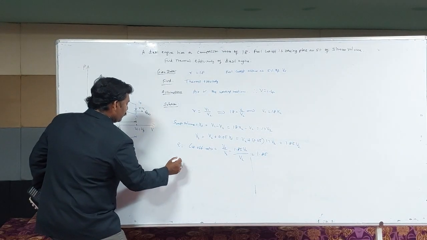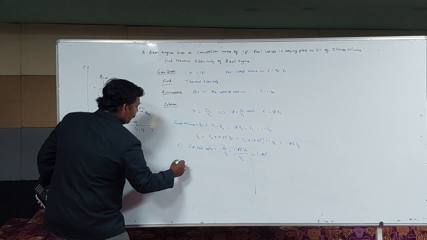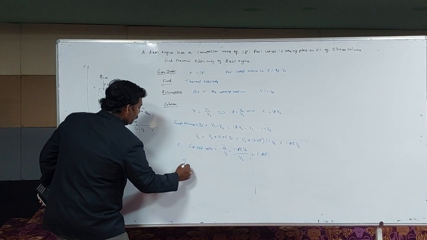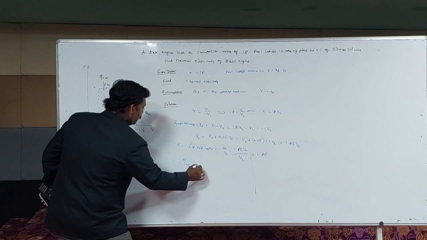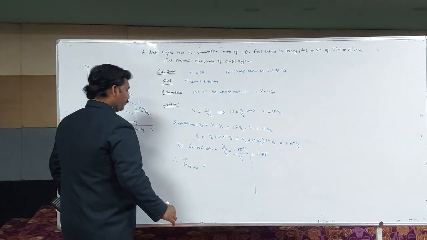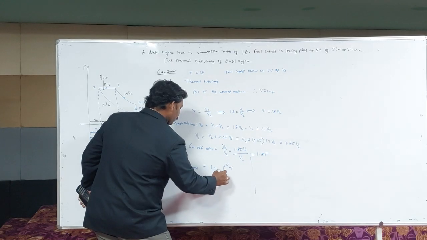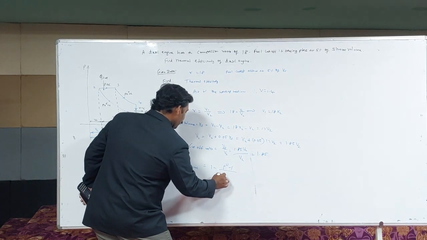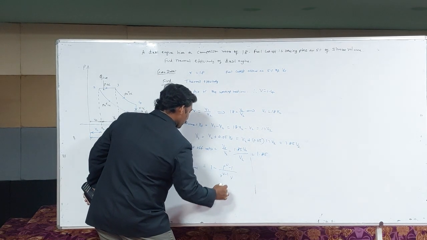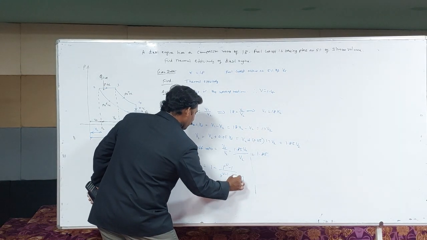Therefore, the efficiency of a diesel engine is equal to, we know, 1 minus rho power gamma minus 1 divided by r power gamma minus 1 into gamma into rho minus 1.